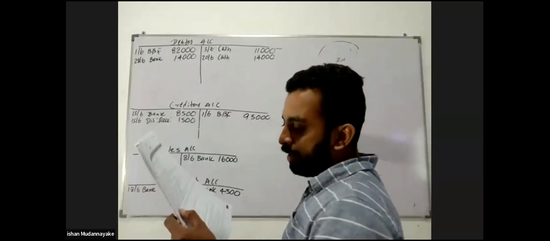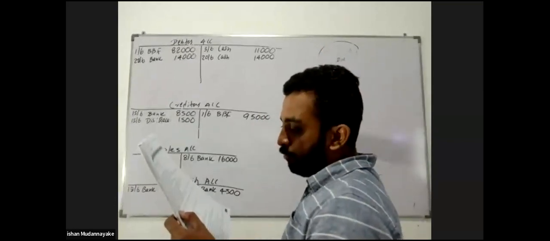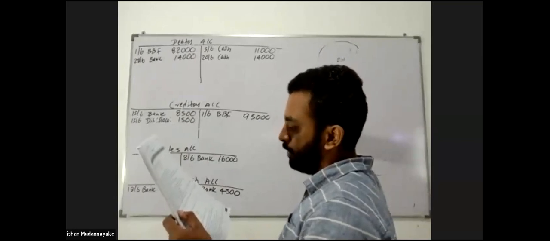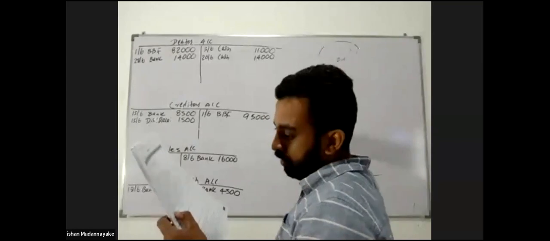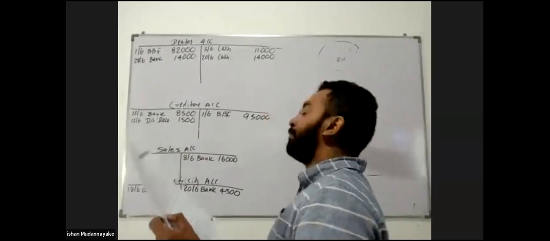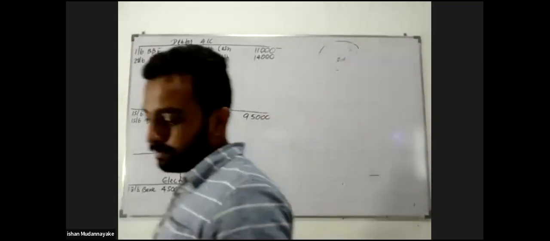The check bearing number 632 was received from a debtor for 5,300. A discount of 700 has been allowed. This check has been deposited at the same time as receipt.